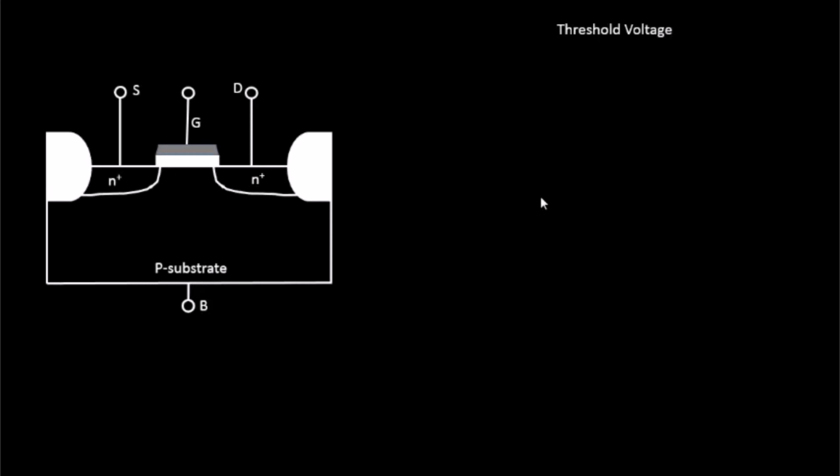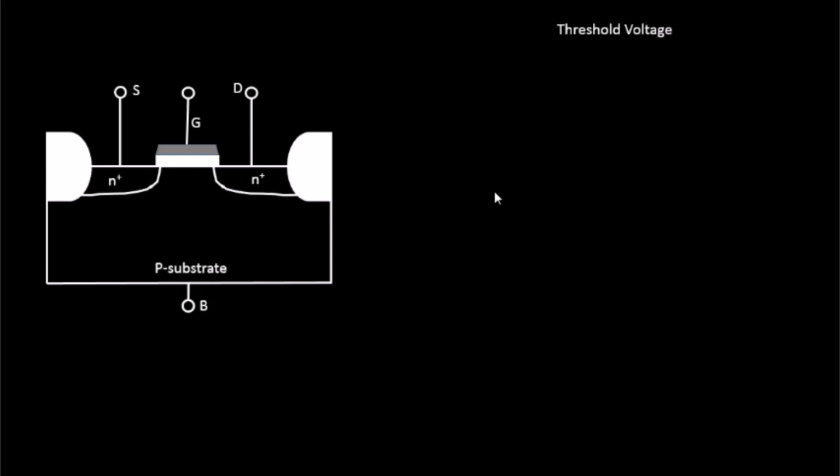We'll be deriving some equations and giving some potential across these terminals and try to find out what the exact value of the threshold voltage should be. We'll do all that, but the basic definition of the threshold voltage says that it's the voltage at which your device turns on. Okay, so let's continue.